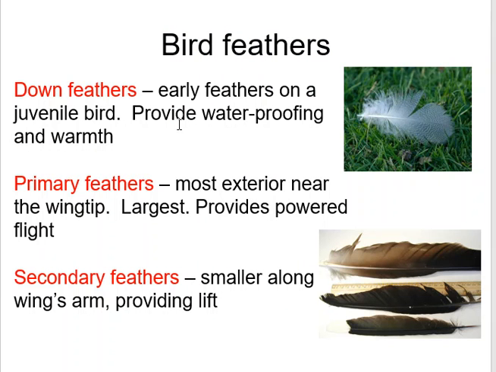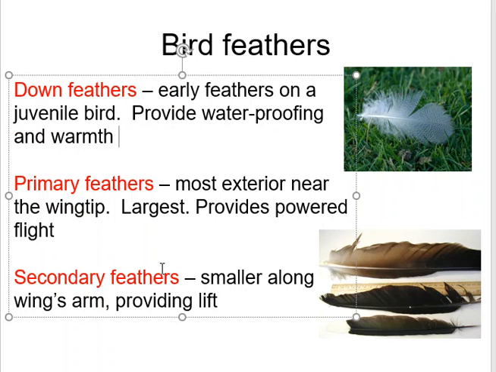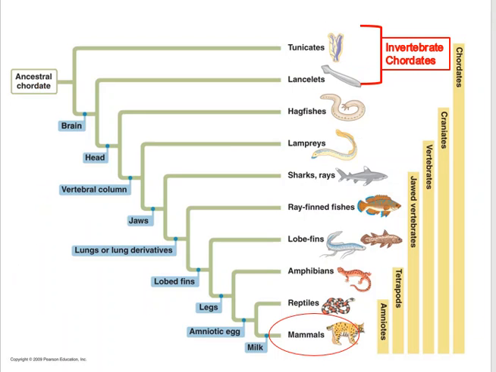The down feathers are the ones that we use a lot for keeping our coats very warm. They are very waterproof and they give a lot of warmth. And then there are primary and secondary feathers as well. Don't worry about too many details about that.